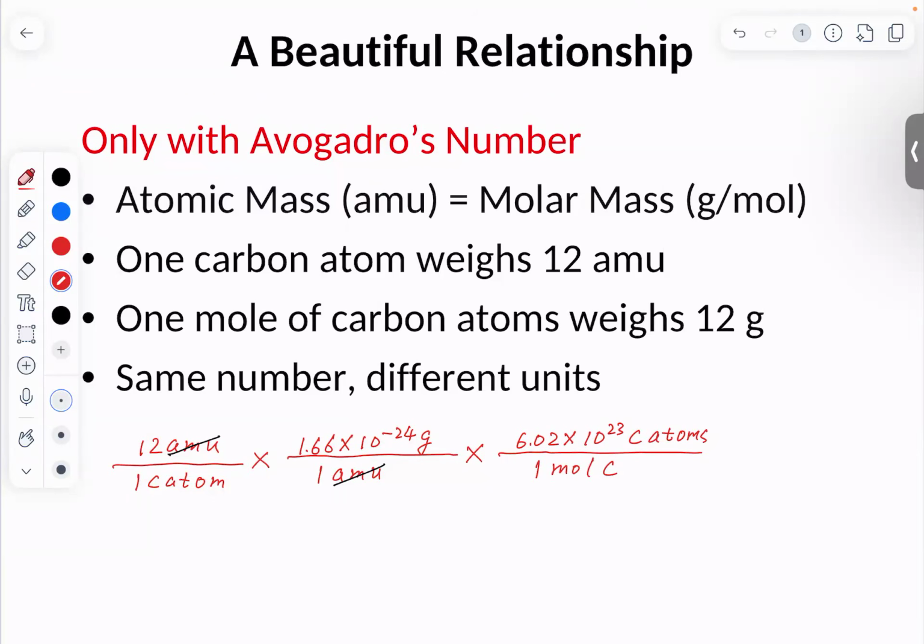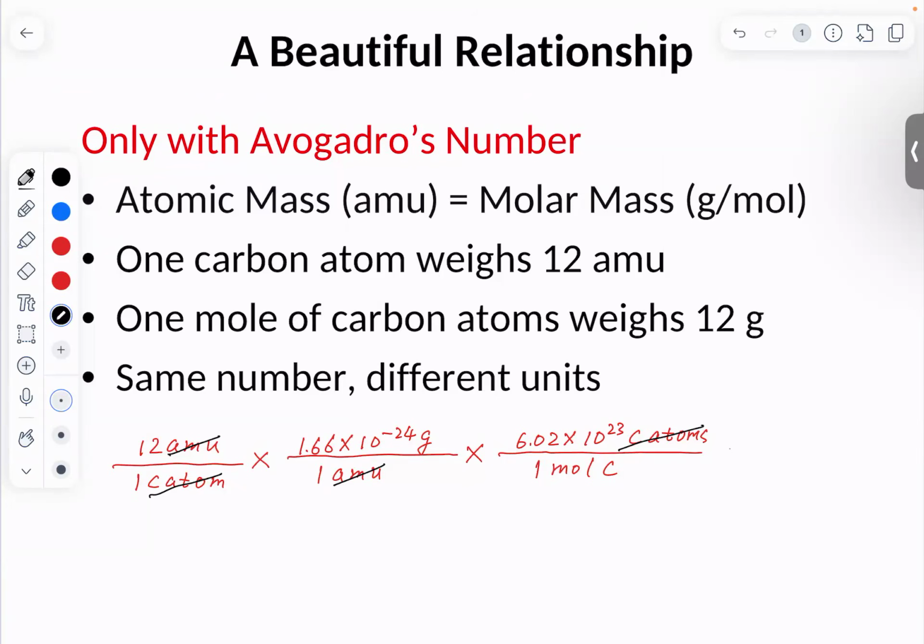Then we can cancel out the carbon atoms to give us the new unit, grams per mole of carbon atoms. This is also the molar mass.